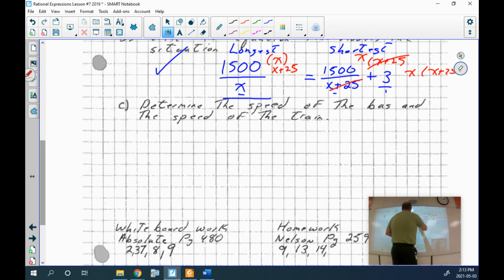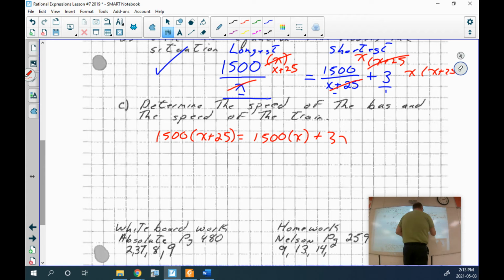So that crosses off, that crosses off there. We end up with 1,500 times x plus 25 is equal to 1,500x plus 3x times x plus 25. Now we just have to solve this equation. It's going to give us another quadratic.